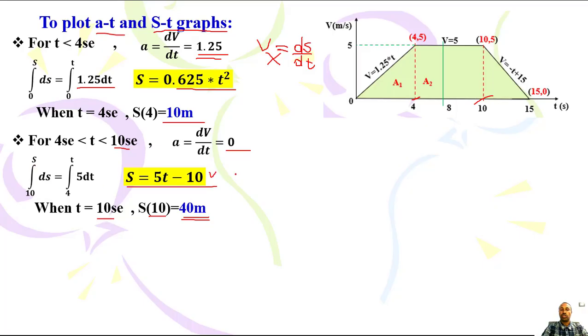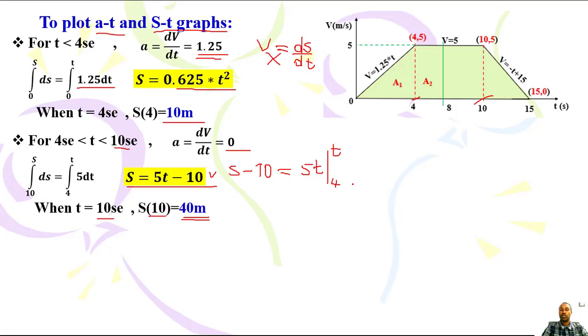So this equation is nothing but s minus 10 equals, then integrate this one, 5t, then the interval will be from 4 to t. So you simply substitute t minus 4 instead of t.